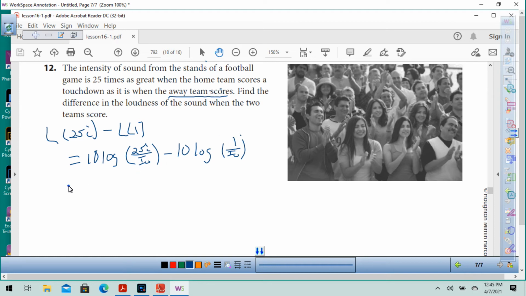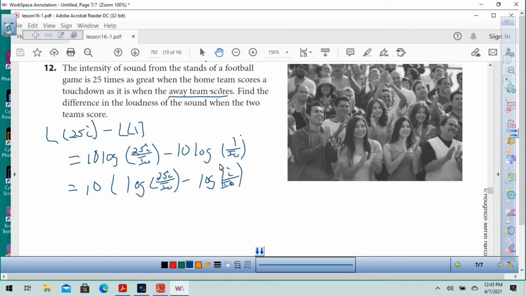So they both got 10. We can take the 10 out, and that's going to give us log 25I over I, the initial, minus log, and that's just going to be I over, and there we go.